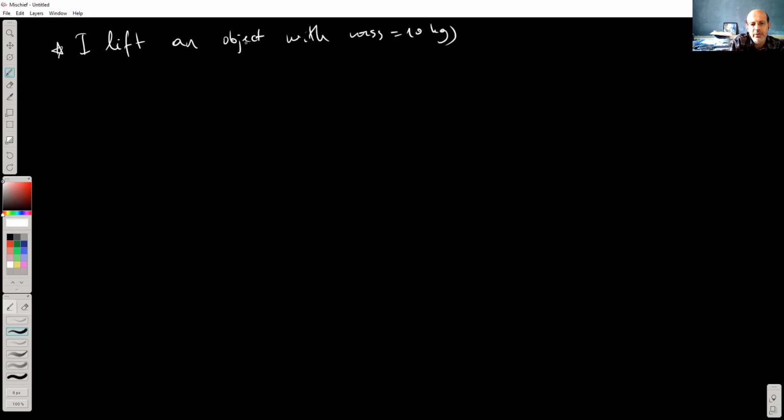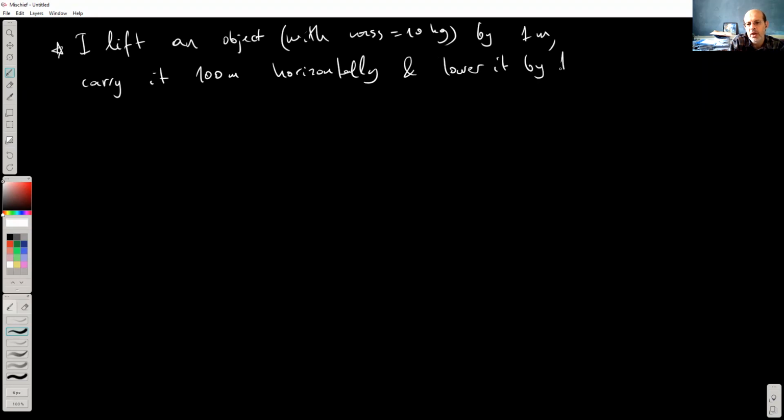I lift the object by 1 meter, carry it 100 meters horizontally, and lower it by 1 meter. How much work did I do?